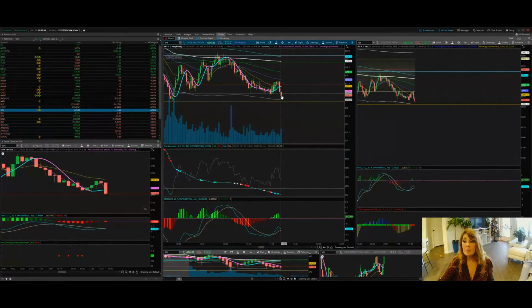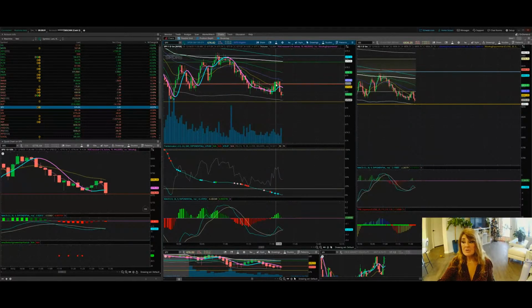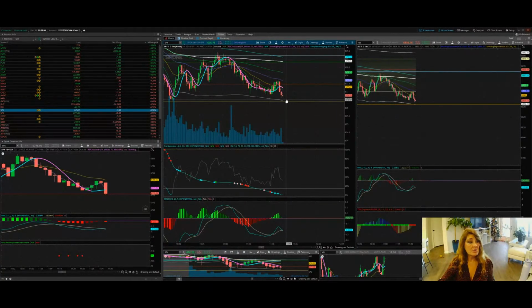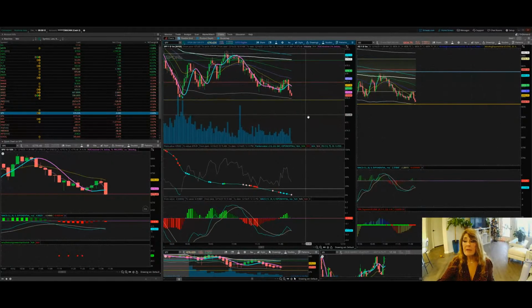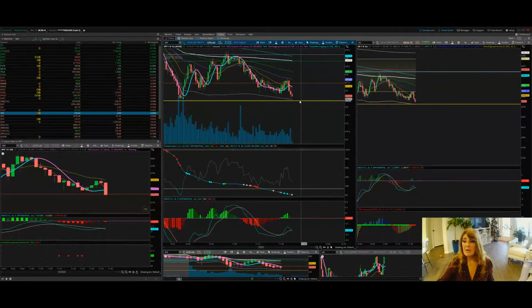Is there enough room? So I do have signals for puts, and I do see the downward trend, and I do think that we could consider a put. However, there's one thing that would stop me, and it's this line right here. There's just not enough room here.